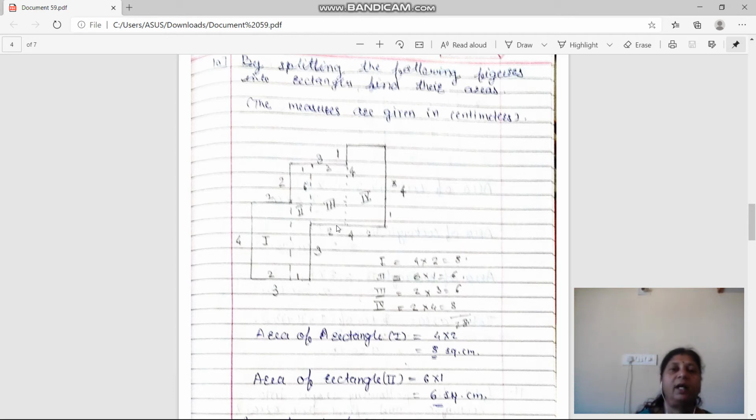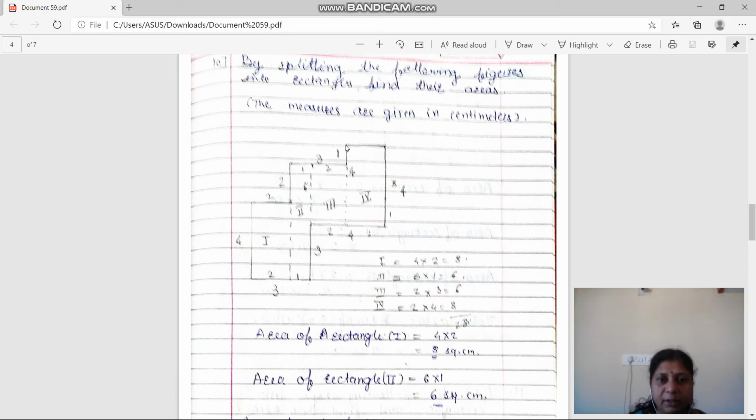Now this full total length. Up to this 1, up to this 2, 3, and from this point to this it is 1, so this total is 4.